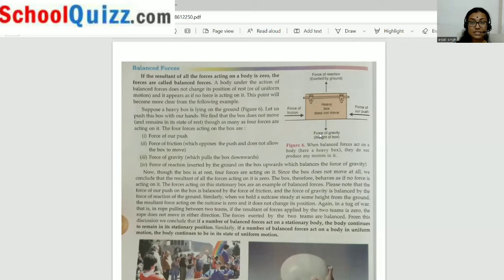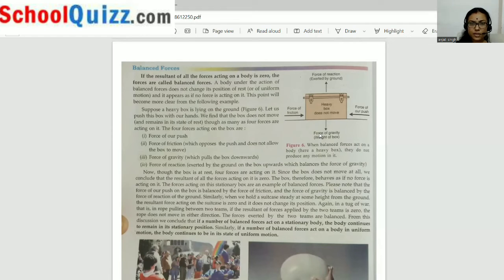And the third force is the force of gravity, which pulls the object downward. I'll explain upthrust or buoyancy later. It is not in this chapter, or maybe at the end of this chapter.